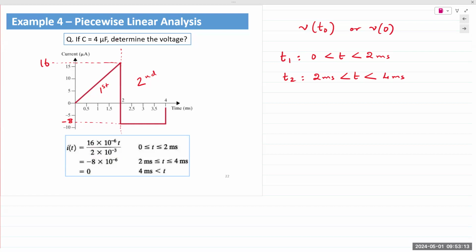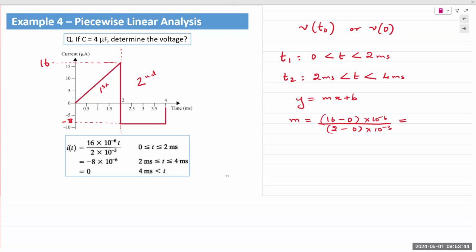For the first one, I'm going to write the expression y equals mx plus b. B, of course, is 0 in this case. Slope of the line, m, would be 16 minus 0 microamps divided by 2 minus 0 milliseconds.